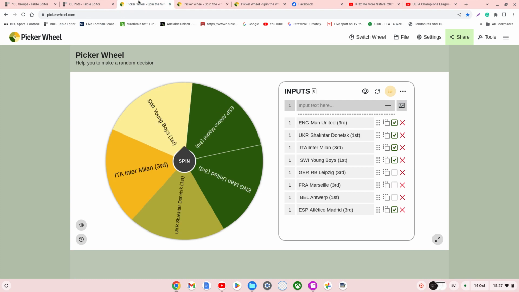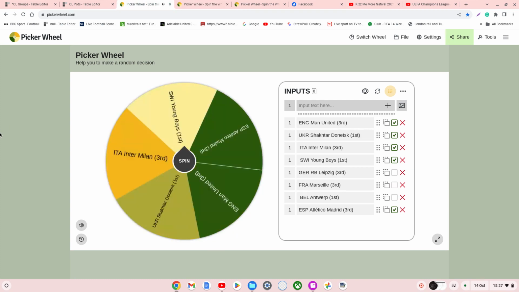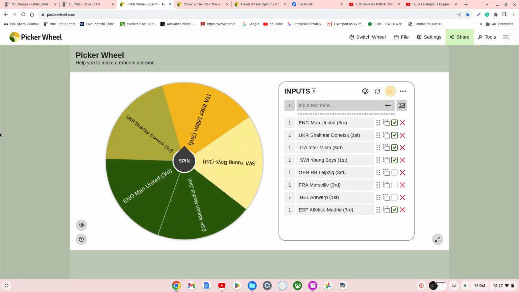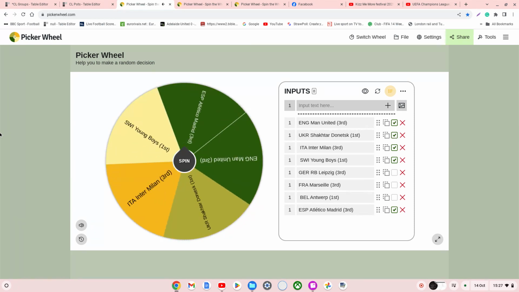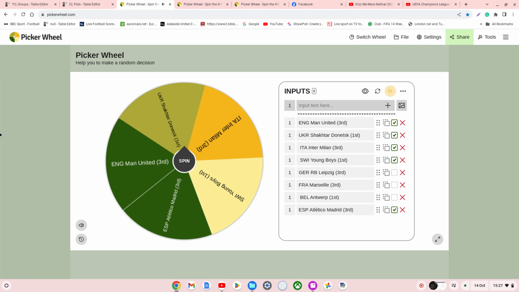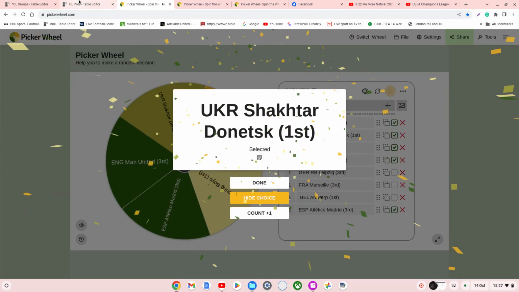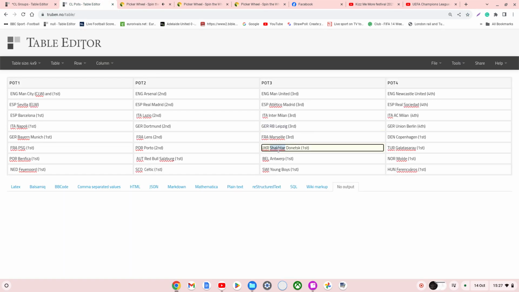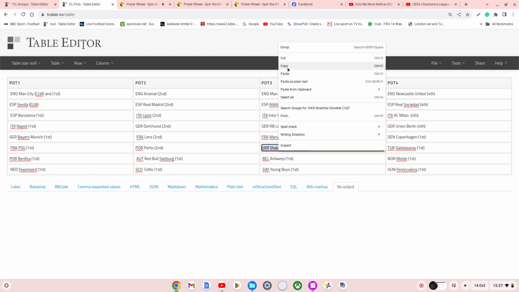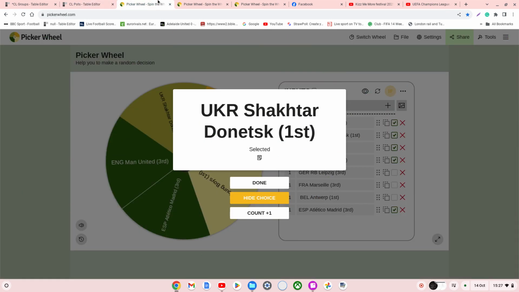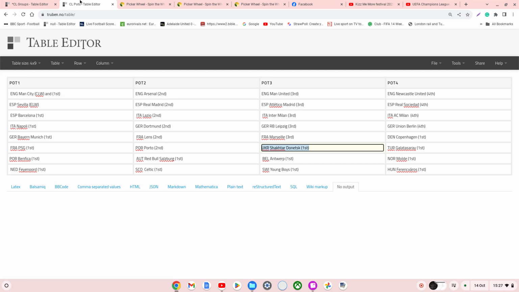Right, next. Next team. And it's Shakhtar Donetsk from Ukraine. And they are the only Ukrainian side in this draw, so they have all 5 options.